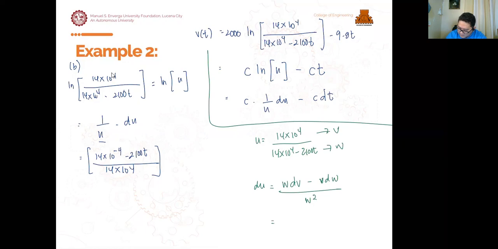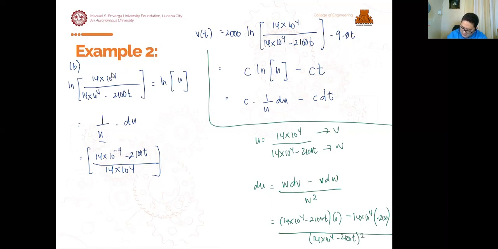So, w is 14 times 10 to the 4 minus 2,100t. Ang dv natin is constant, so 0 to. Minus yung v natin, 14 times 10 to the 4, times derivative ng w is negative 2,100. Okay? Lower, squared lang natin yung 14 times 10 to the 4 minus 2,100t squared.